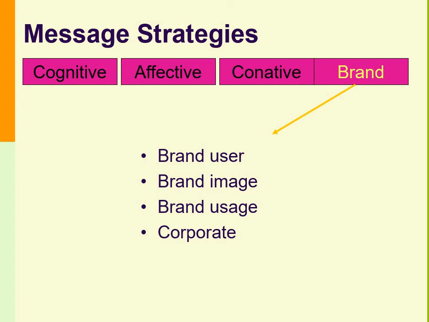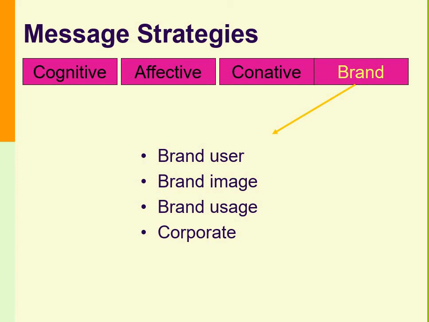In the brand image message strategies, we are more focused on creating a certain image of the brand. So most of the time we do personify the brand, and we may be projecting certain associations or certain image of the brand. Why I said there is a thin line?